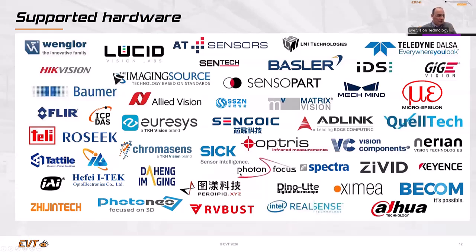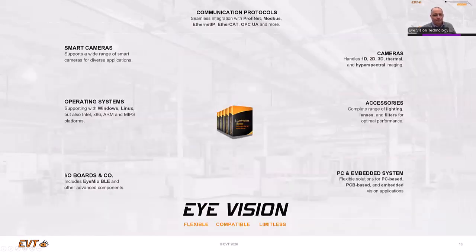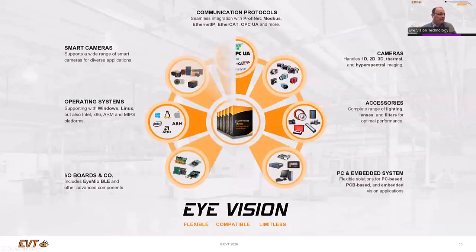To give you a short overview, if you use our software, you have a full choice of camera manufacturers, so that you can get line scan cameras from all currently known line scan manufacturers. There are not so many.